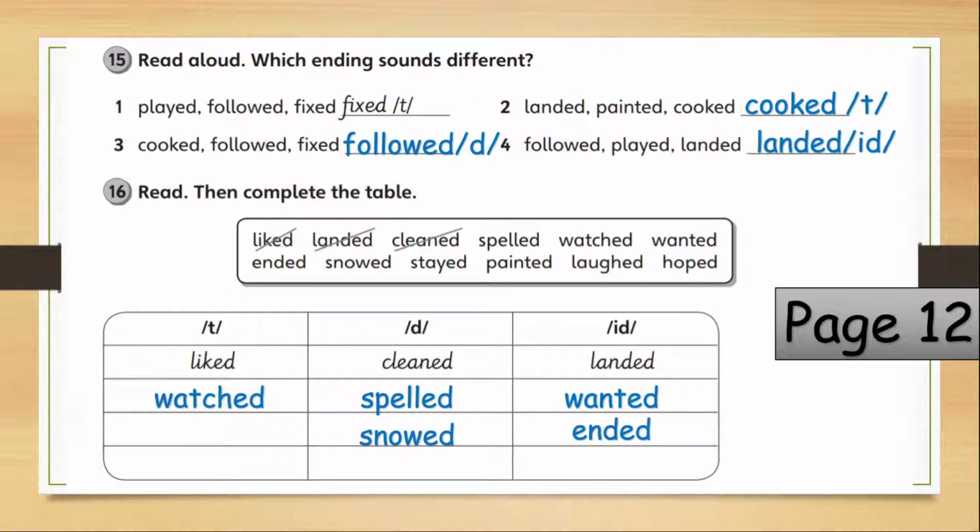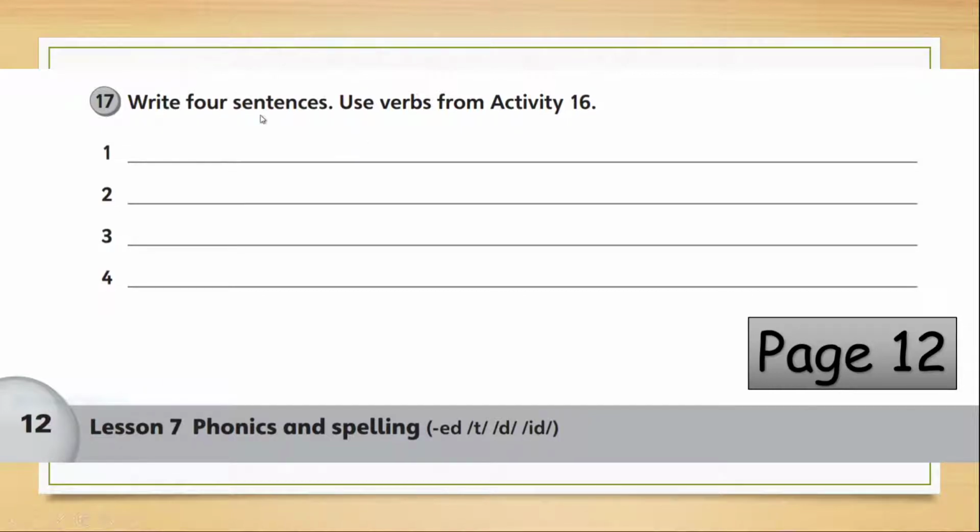D. Stayed. D. Painted. Ed. Laughed. T. Hoped. T. The last one, write 4 sentences. Use the verbs from activity 16, all right? So let's choose verbs from activity 16.